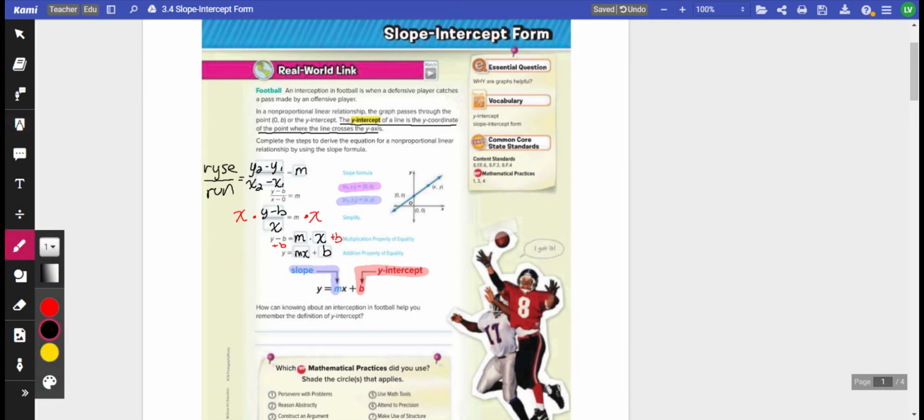A simple sample answer: in math, a line intersects an axis, and a defensive player intercepts the ball from the opposing team.